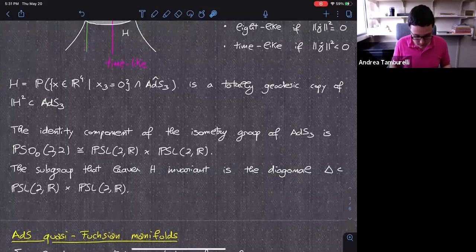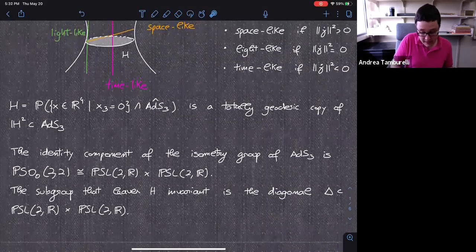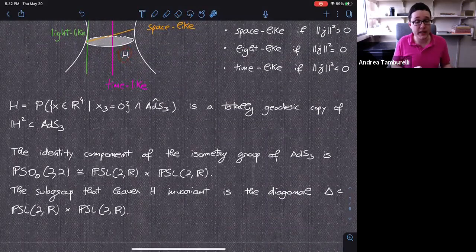And we will also consider the subgroup of PSO(2,2) that stabilizes set-wise this totally geodesic copy of H2, and this can be identified with the diagonal inside PSL2R cross PSL2R. So it's still a copy of PSL2R that is embedded inside the isometry group of anti-de Sitter space as the diagonal.